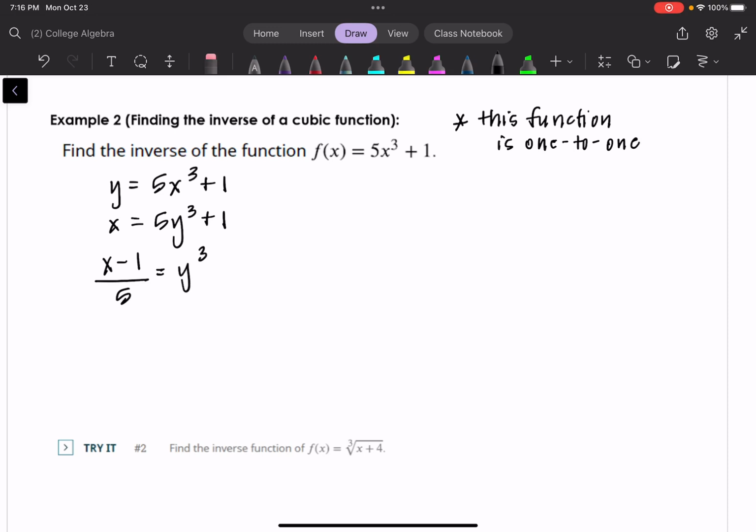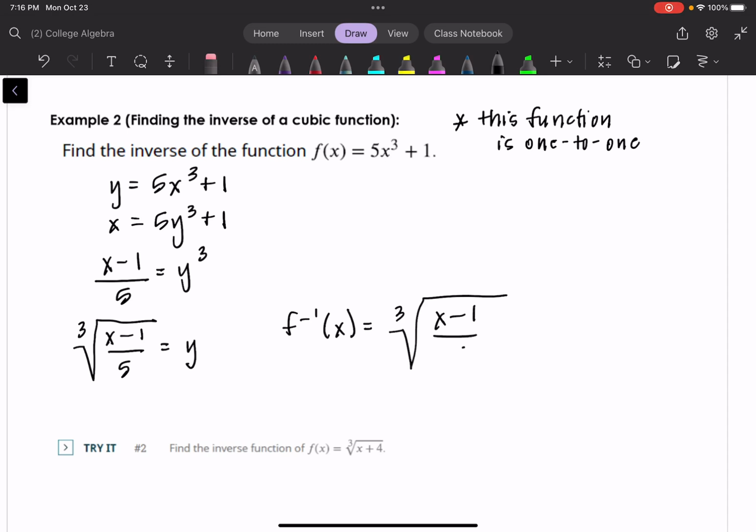Just like we would solve from this step if this were a square, where we would take the square root, instead we're going to take the cube root of both sides. And so we would just be left with the cube root of x minus 1 over 5 equals y. We'll rewrite that in the proper notation: f inverse of x is the cube root of x minus 1 over 5.